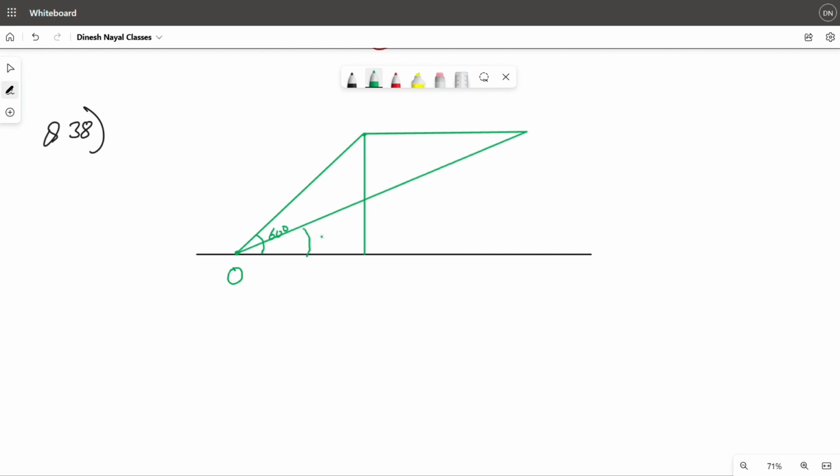So make this 30 degree. Now join this. This is the height of the airplane, which remains constant. Now labeling this A, B, C, D. Labeling will help us.